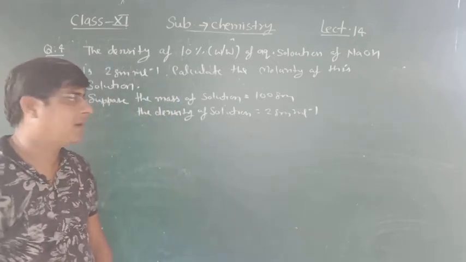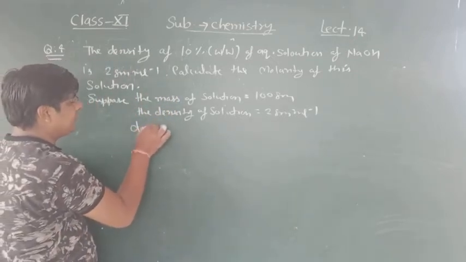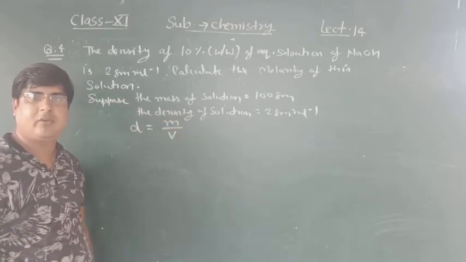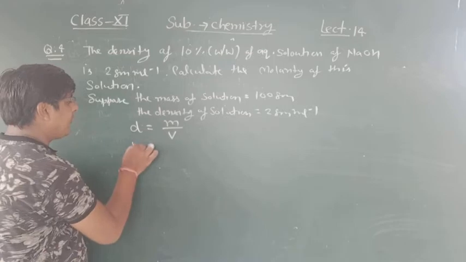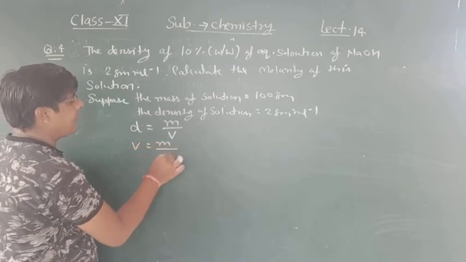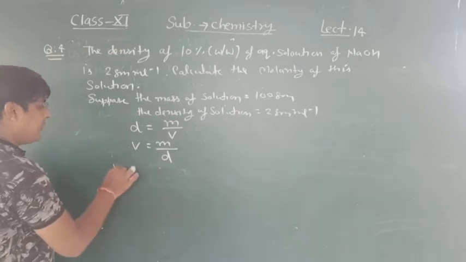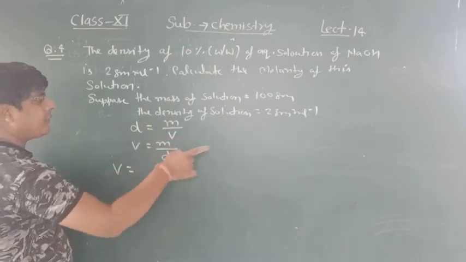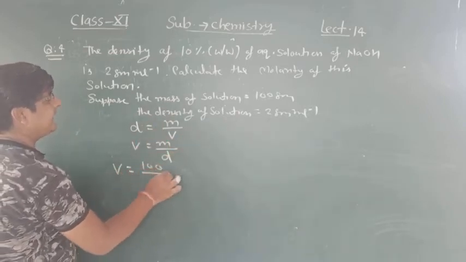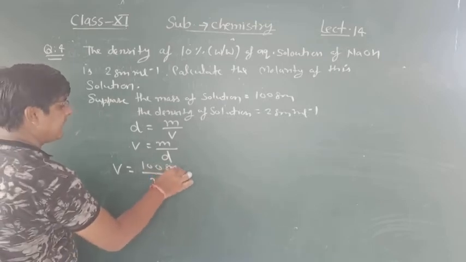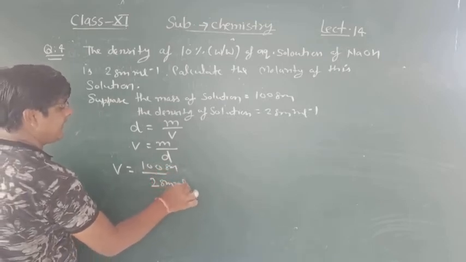By this we can easily find out the volume of solution. How? We know density is equal to mass upon volume. So volume will be mass upon density. The mass of solution is 100 gram and density is 2 gram per ml.